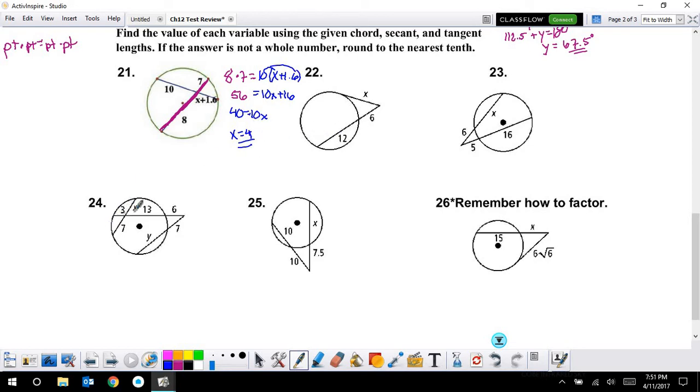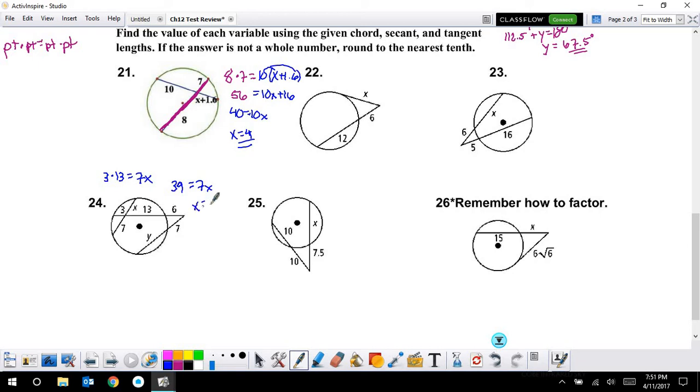For 24, we'll go ahead and solve for x. So you've got 3 times 13, part times part, equals 7 times x, part times part. So you've got 39 is going to equal 7x.